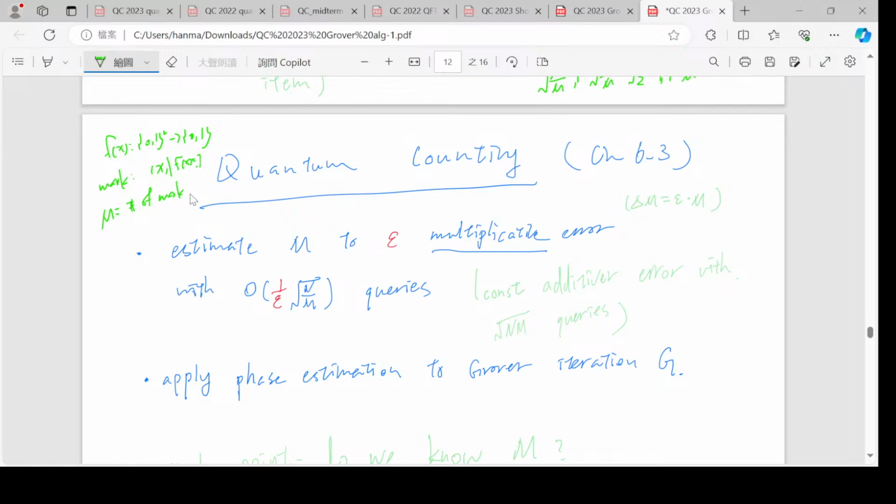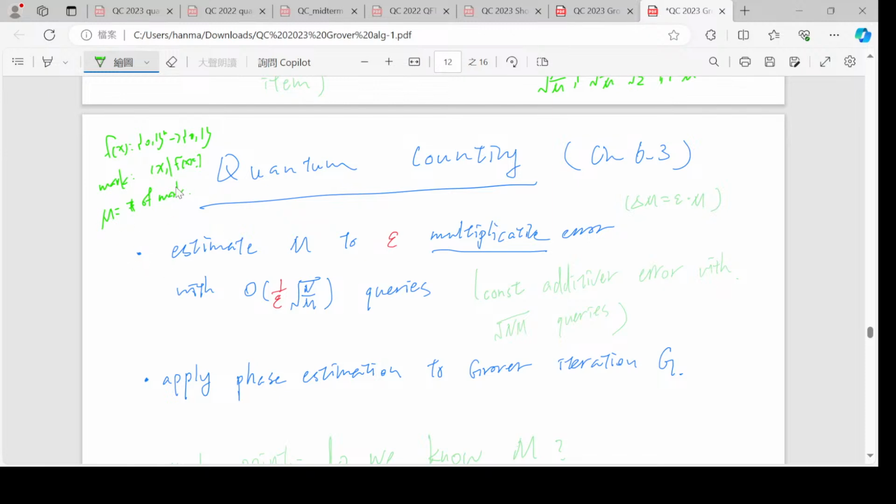Okay, but now there is a tricky part. You want to estimate this to epsilon, like how you define the error. Obviously you can ask to get this exactly, but that will need a lot.